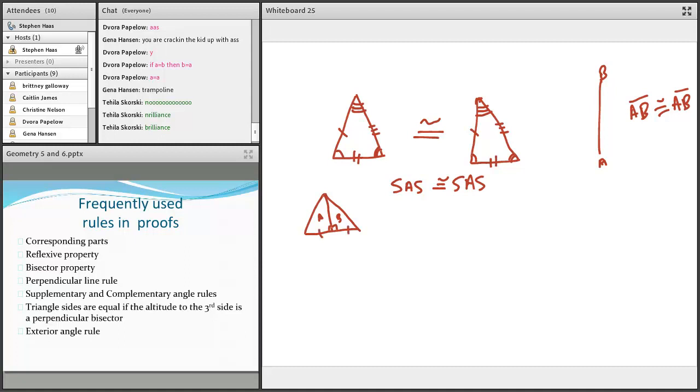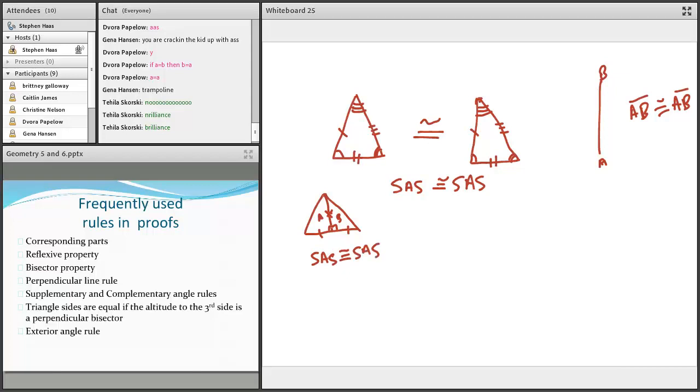Well, now we could simply prove that the two triangles are congruent by establishing that this side is equal to itself, and now we've got SAS. Now we've got side, angle, side. So the reflexive property is extremely simple, but it's also the sort of thing that you're going to use.